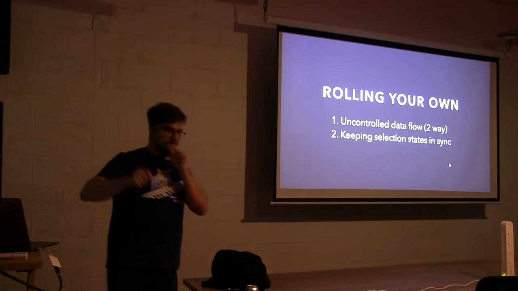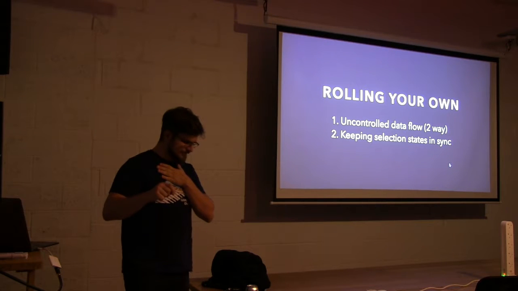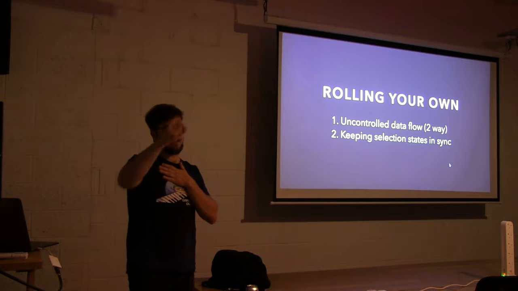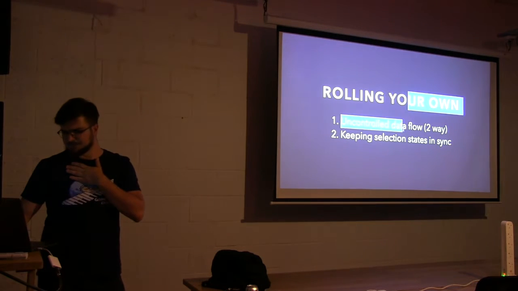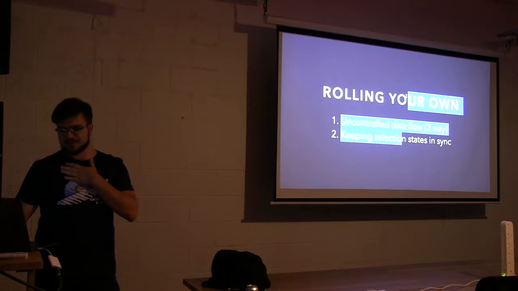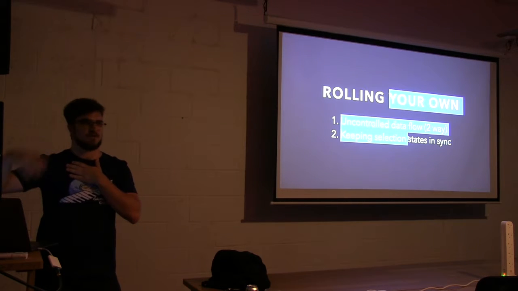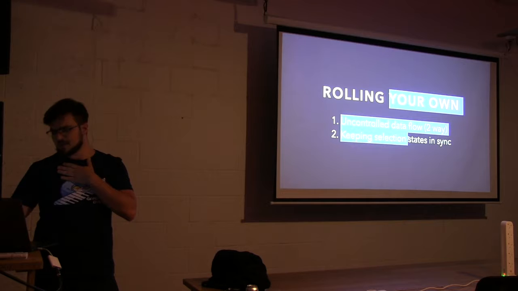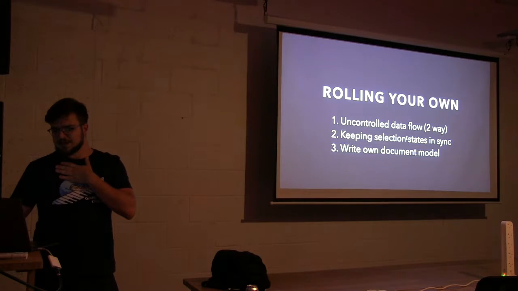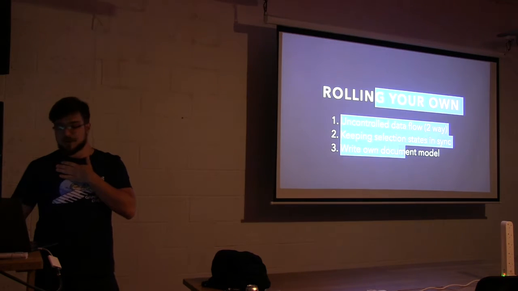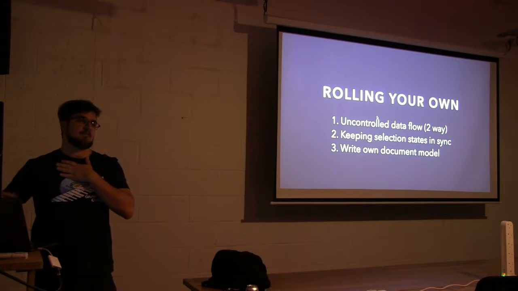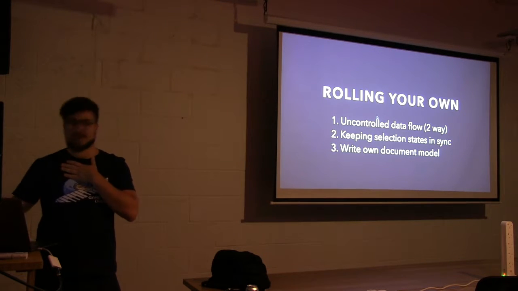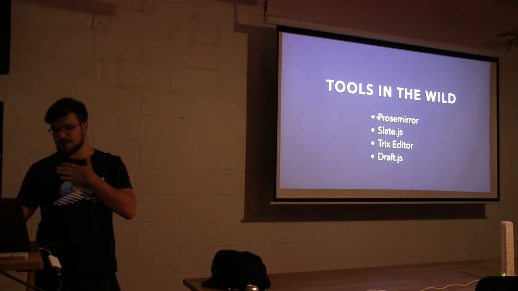So literally when you make a selection with your cursor, like this, keeping this in sync with the state that you're editing. It means writing your own document model. It means doing a lot of work to get some basic functionality working.